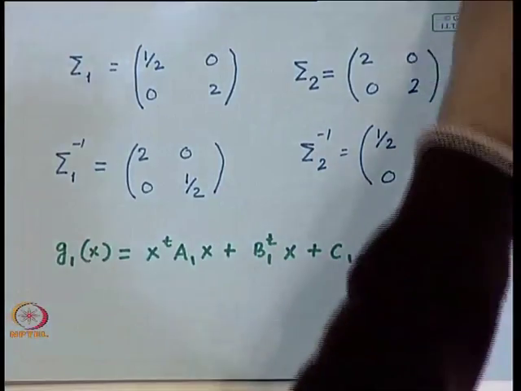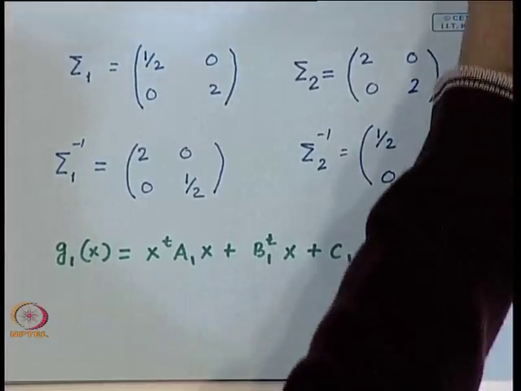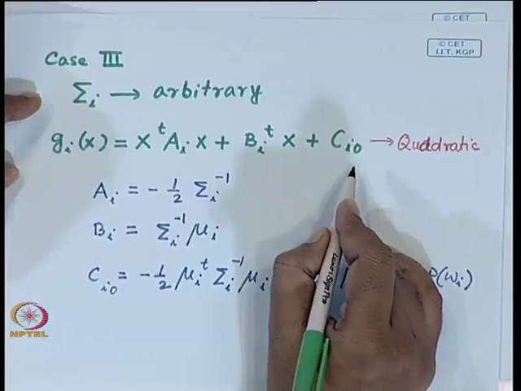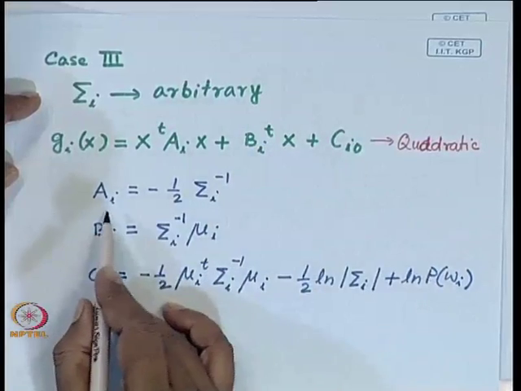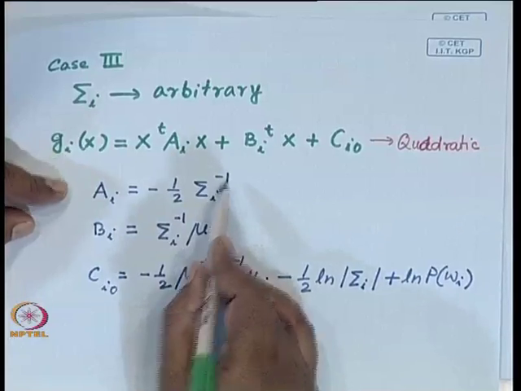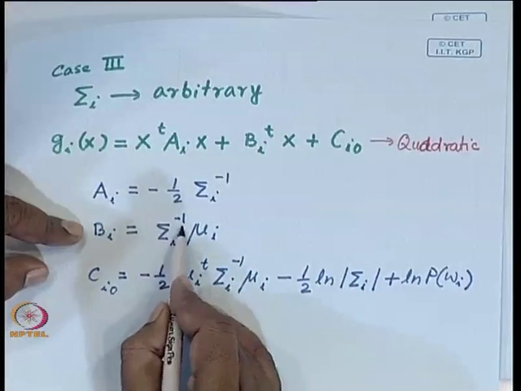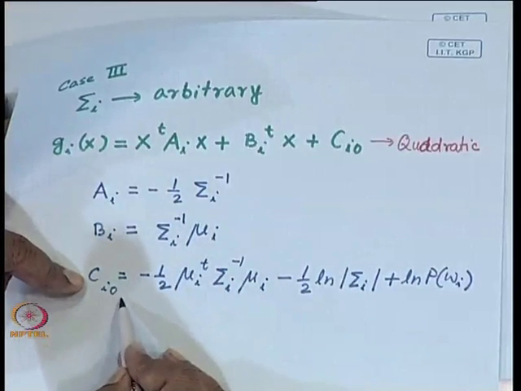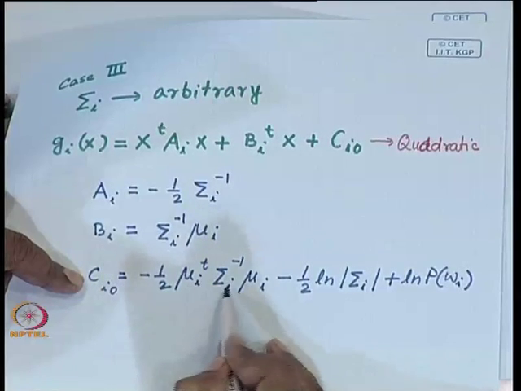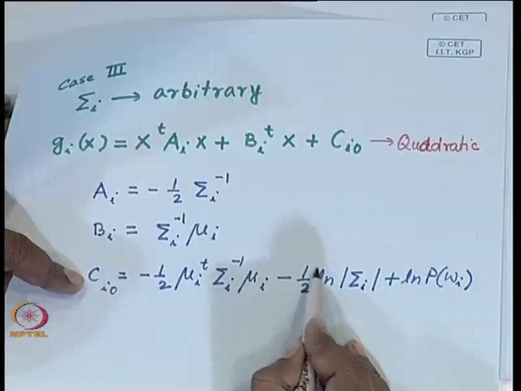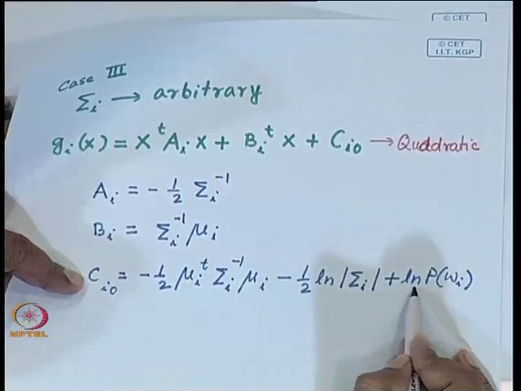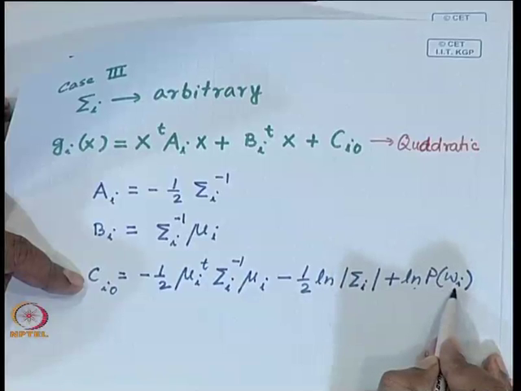Okay. And the expressions that we have given over here in a quadratic classifier, the value of A 1 will be nothing but half of sigma 1 inverse, the value of B 1 will be sigma 1 inverse mu 1, and the value of C 1 0 will be minus half of mu 1 transpose sigma 1 inverse mu 1 minus half log of determinant of sigma 1 plus log p of omega 1.